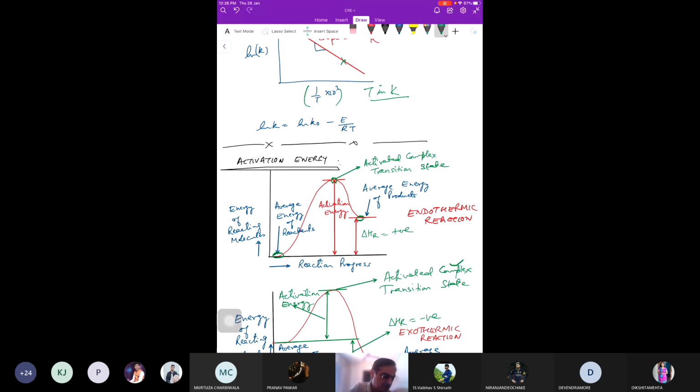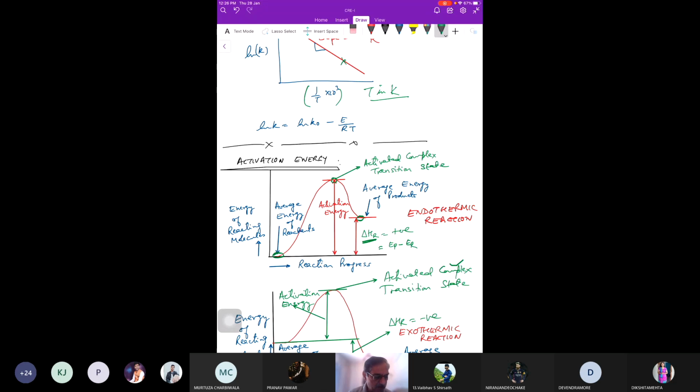And if the curve is like this, where the energy of reactants is less than that of products, then this delta between the products' average energy and the reactants' average energy is called delta HR, the heat of reaction. And here it is positive because it is product minus reactant. Right? And when delta HR is positive, it is an endothermic reaction.